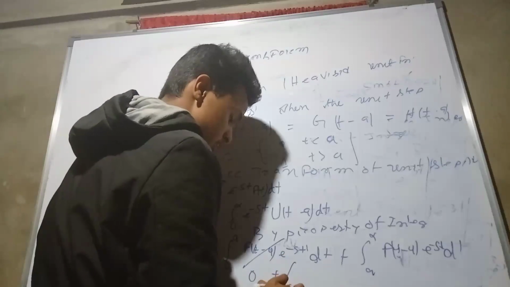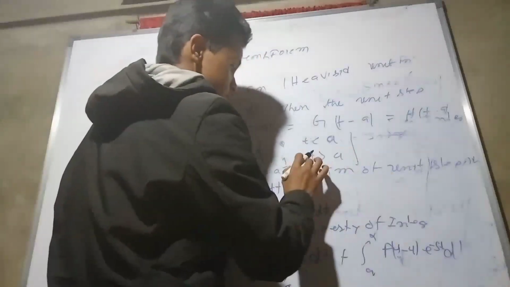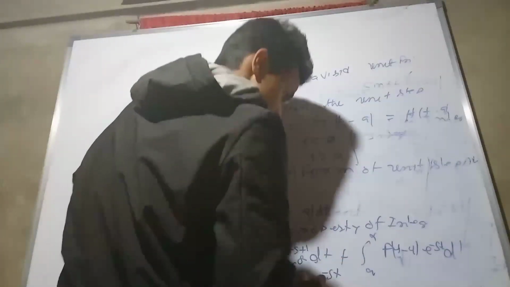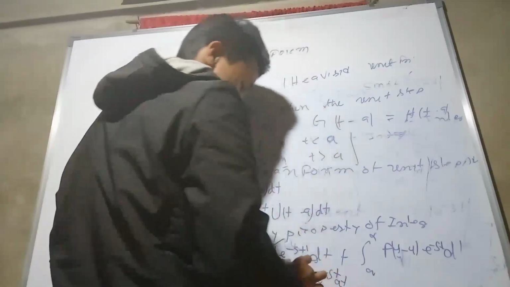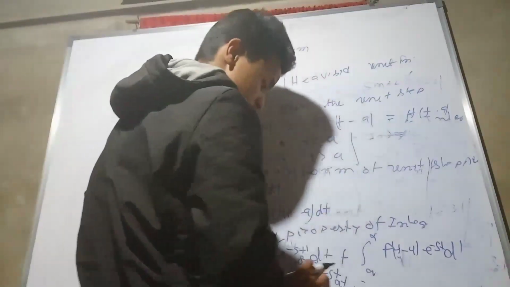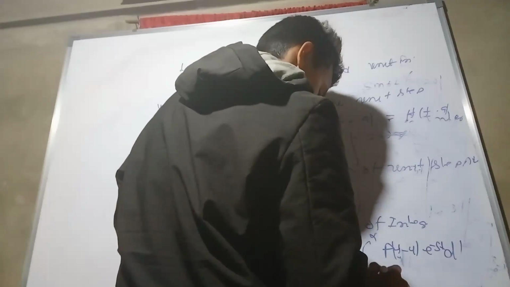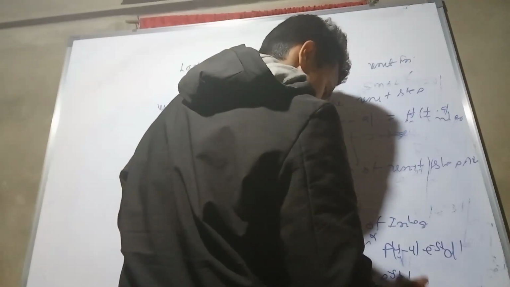From a to infinity, what is the value of u(t minus a)? That is 1, into e to the power minus s t. Now when we find it, that gives us our Laplace transform: 1 by minus s times e to the power minus s t from a to infinity.